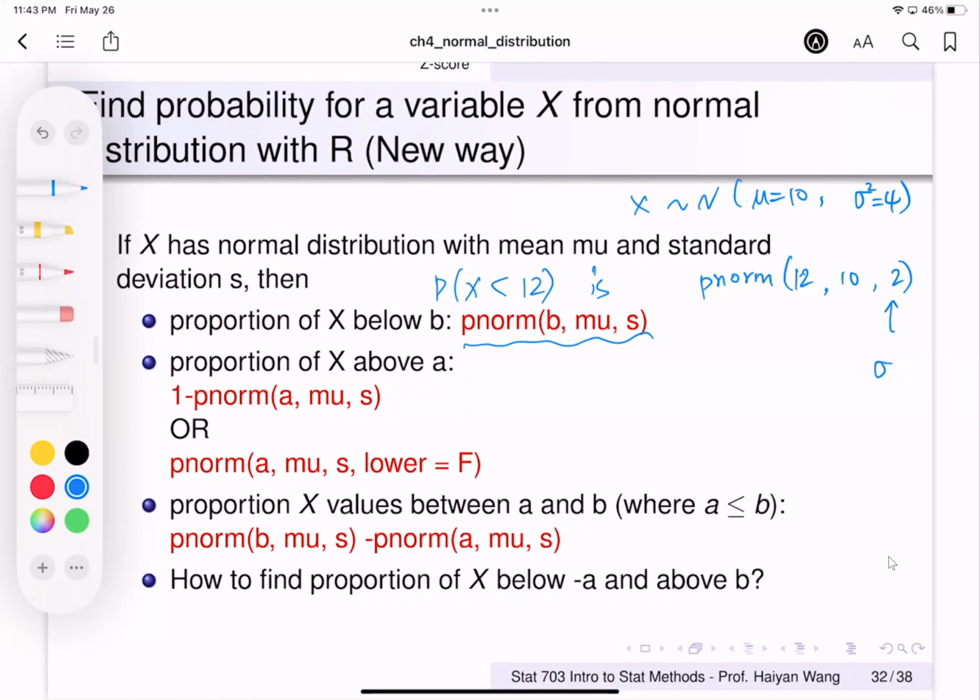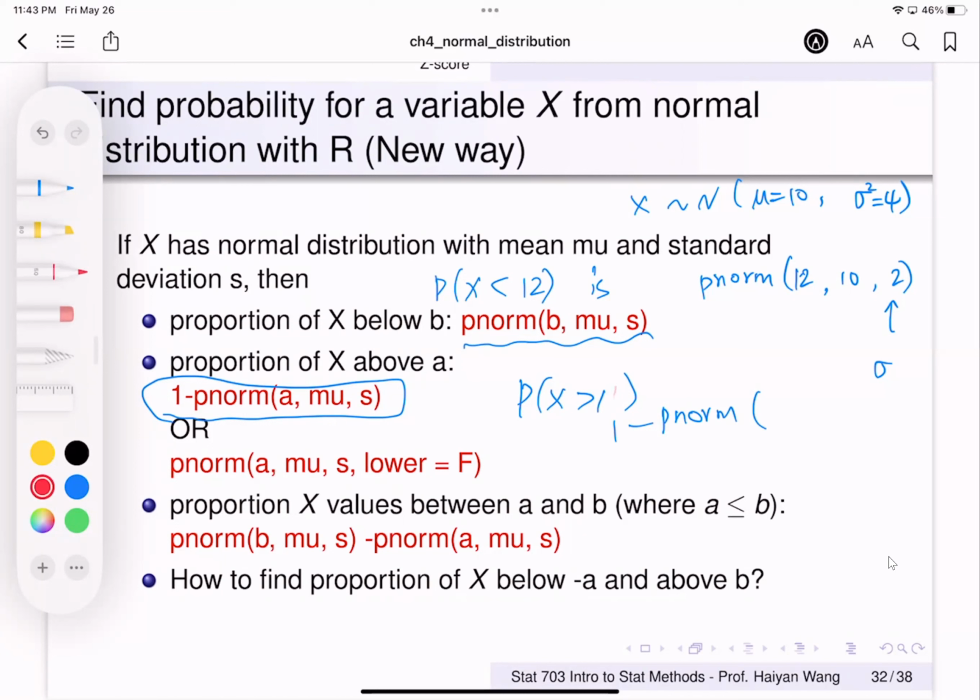And for the probability of greater than or equal to a number, you simply use 1 minus pnorm. Like the probability of x greater than 10 in that example, I would do 1 minus pnorm. Instead of 10, let me use a different number so you don't confuse it with the mean.